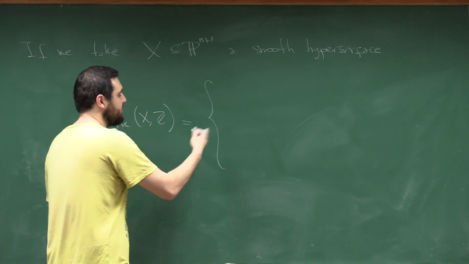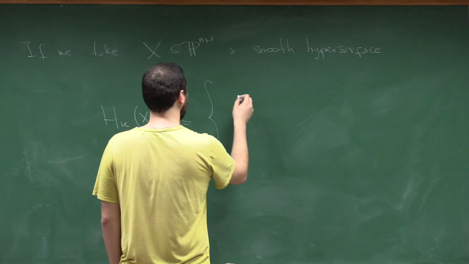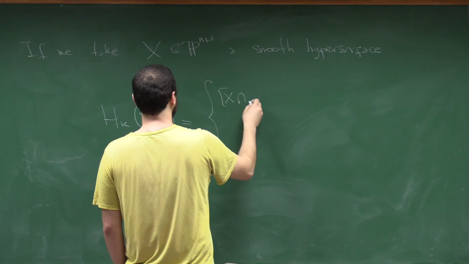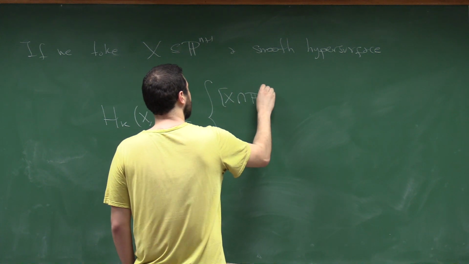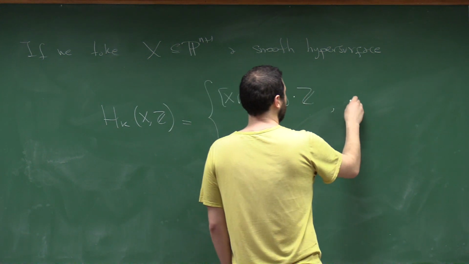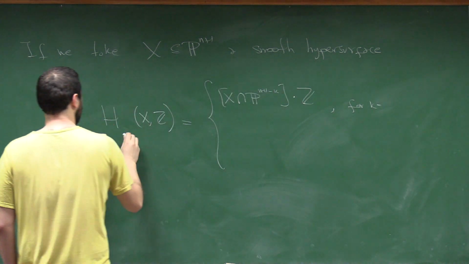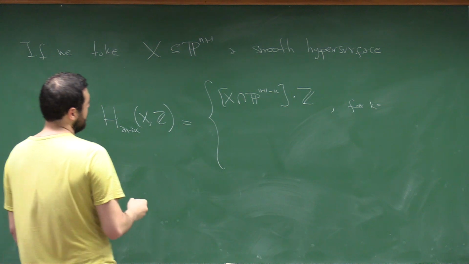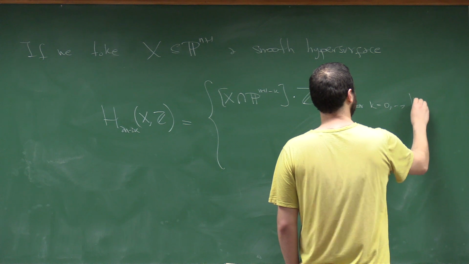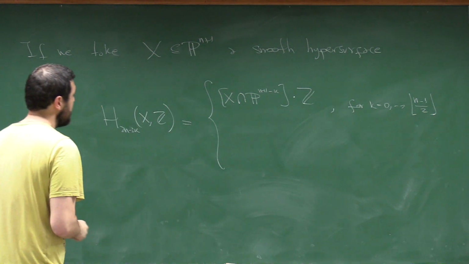I mean, the middle part is a free thing, but we know that this is the class of X intersected with some P^{n+1-k} times Z, for k equal to 0 up to the integer part of (n-1)/2. We know this.